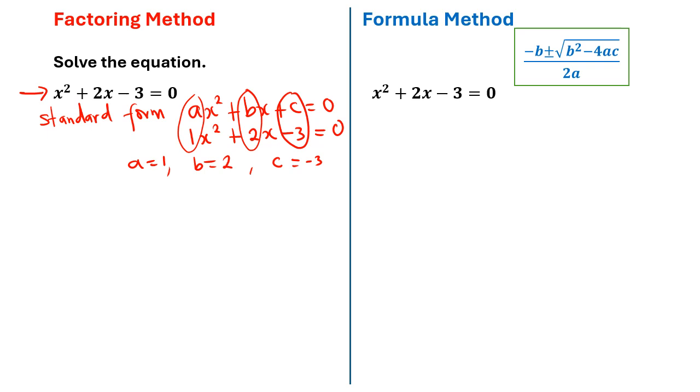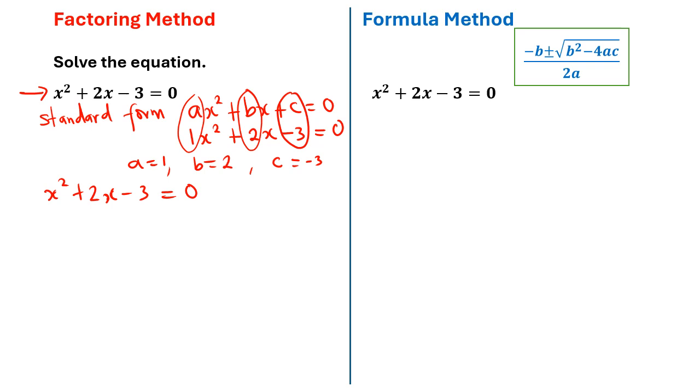So now, how do we factor this? In order to factor this x squared plus 2x minus 3 equal to 0, like I said, there are different ways and tricks to do that. First, make sure that you do not have any coefficient for x squared.